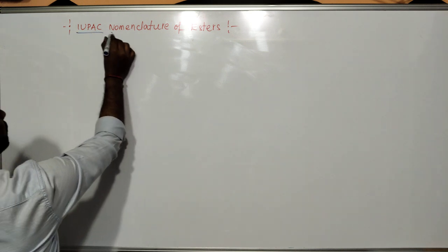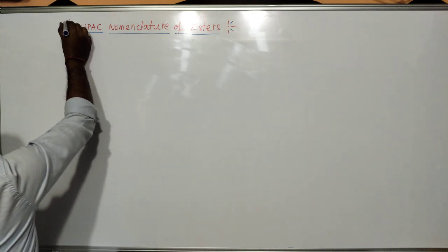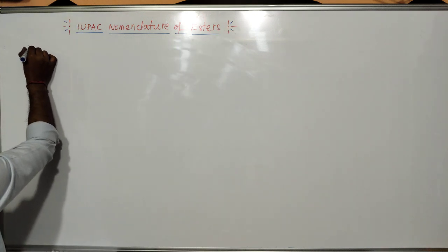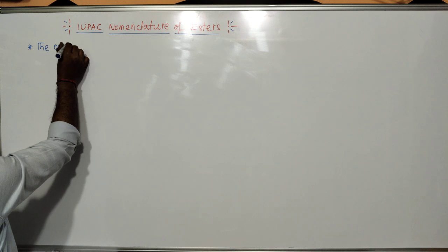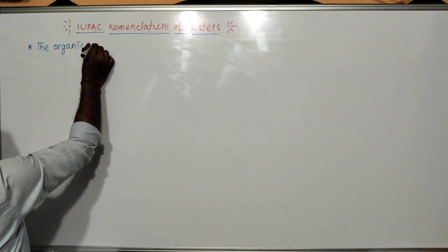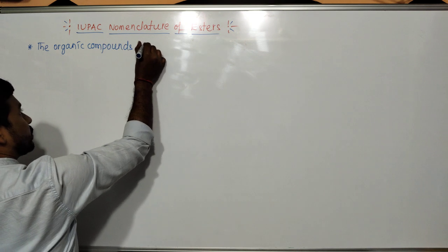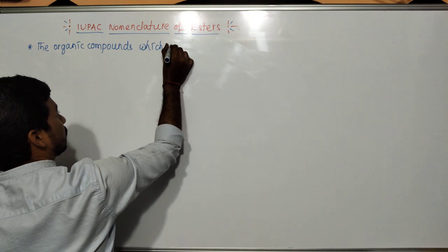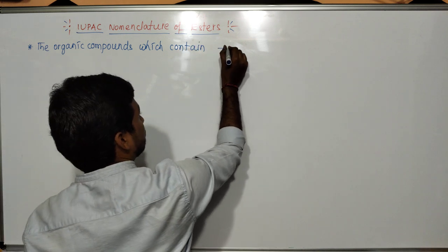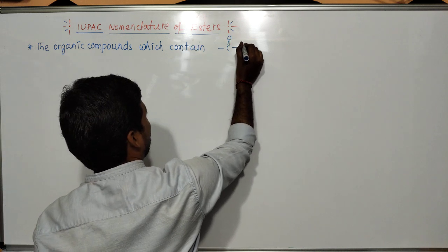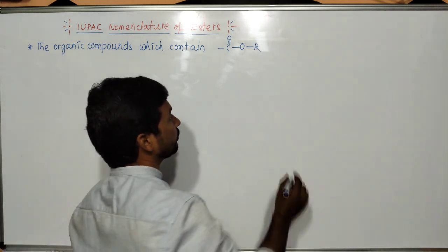What are esters? Esters are derivatives of carboxylic acid. The organic compounds which contain the COOR functional group.